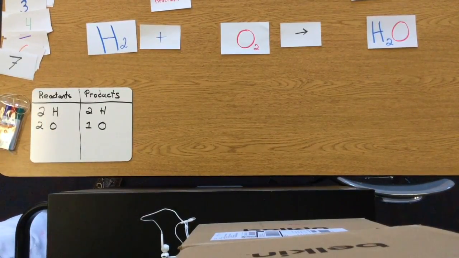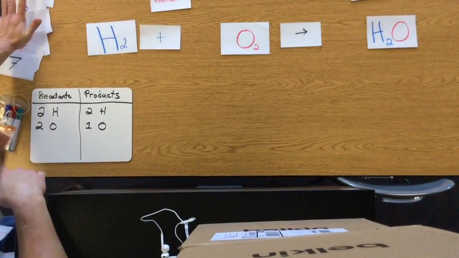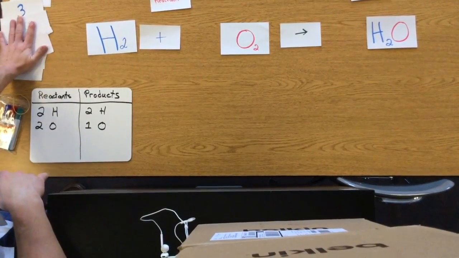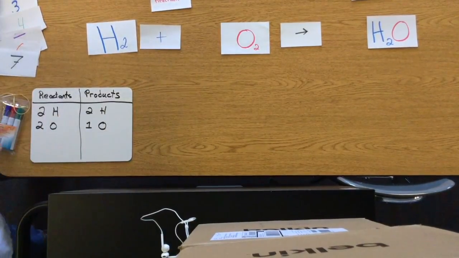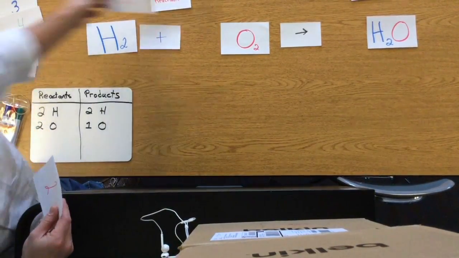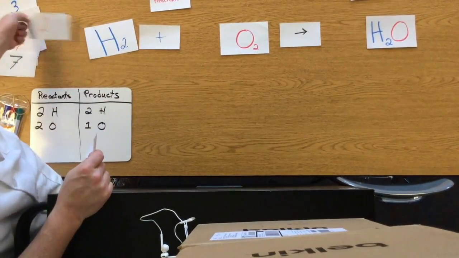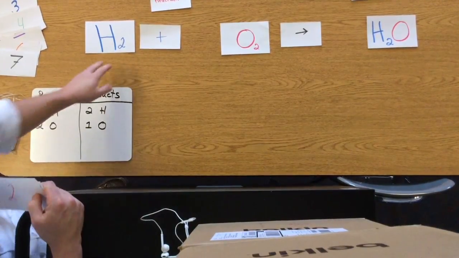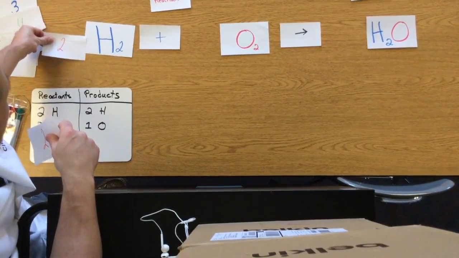And there's one thing that we can change in order to enable that to happen, and those are the coefficients. The numbers that I have over here on the smaller cards are my coefficients. I can place them in front of any part of my chemical equation, and that will change the number of atoms of the element that the coefficient is in front of.